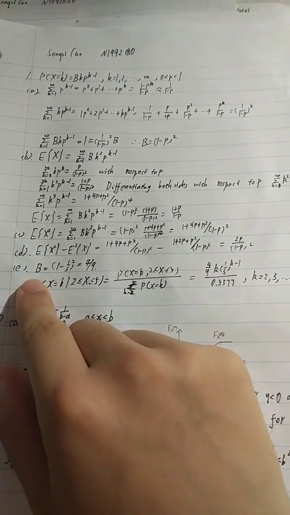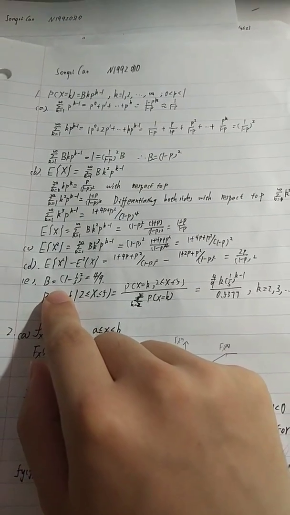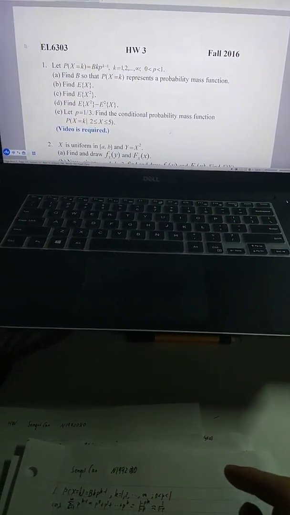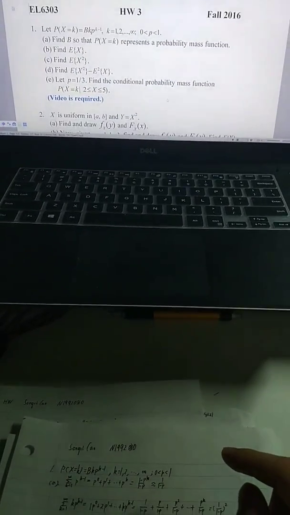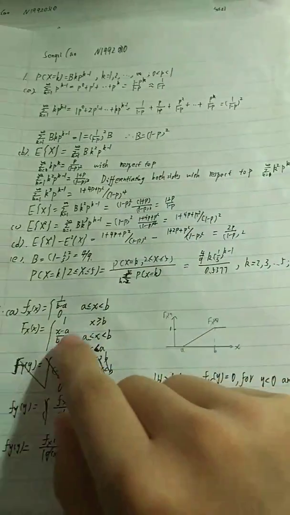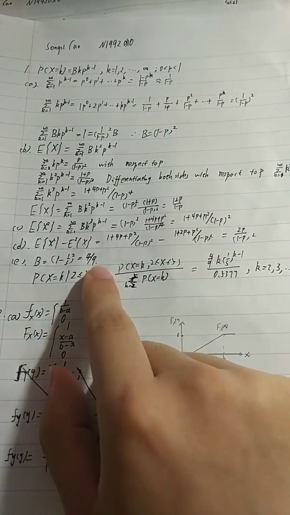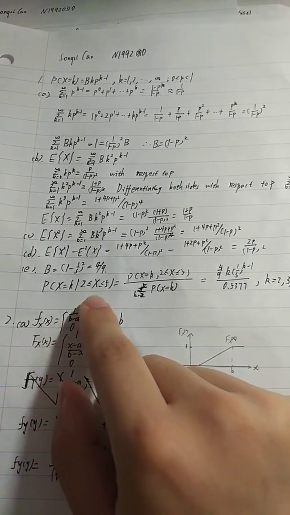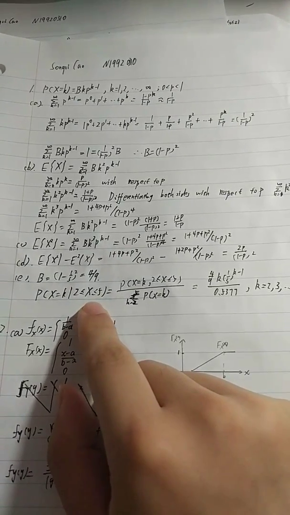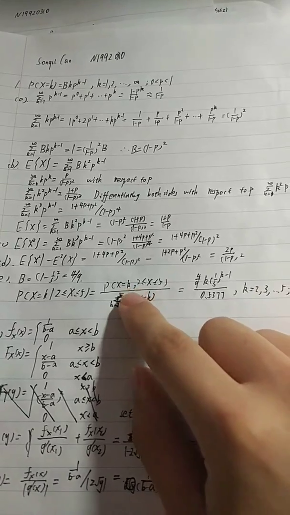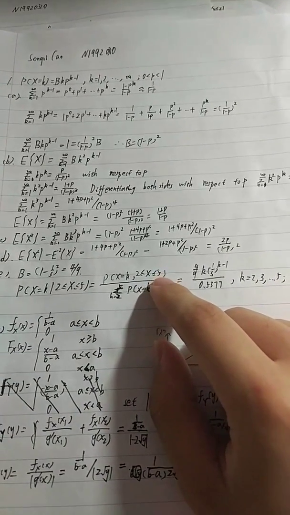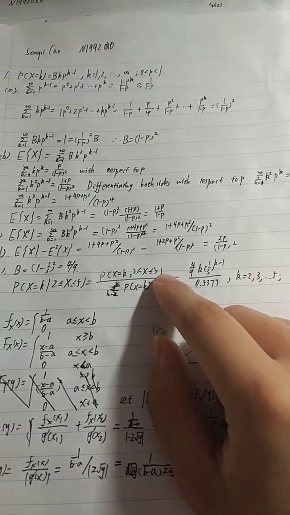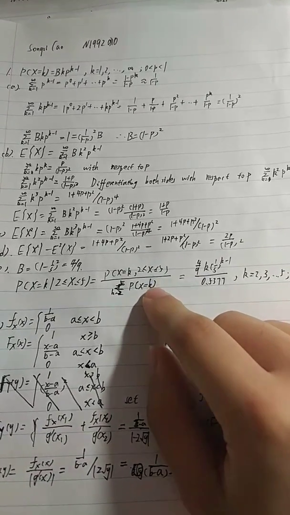And in the last part, we can let p equal a third, or 1/3, and we can find that b equals 4 over 9. Then P(X equals 2k) on the condition that X is bigger than 2 and smaller than or equal to 5 is equal to the probability of X equal to k, in a similar situation where X is bigger than or equal to 2 and smaller than or equal to 5.